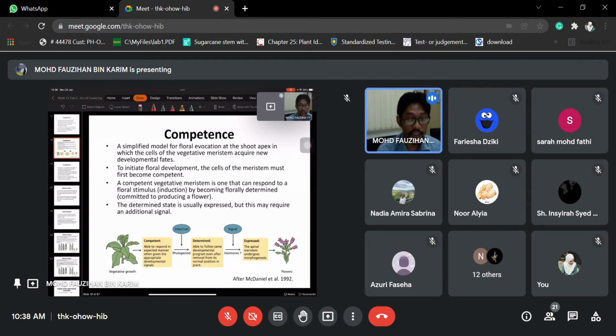It is just induction. The duration of the light is just induction, but at the end of the day, it still depends on the plant itself whether it has the competency to make the transition from the shoot apical meristem to the floral meristem. It doesn't mean that induction from the right photoperiod of light will make all the plants flower. It's not like that. It still depends on the readiness of the plant itself.